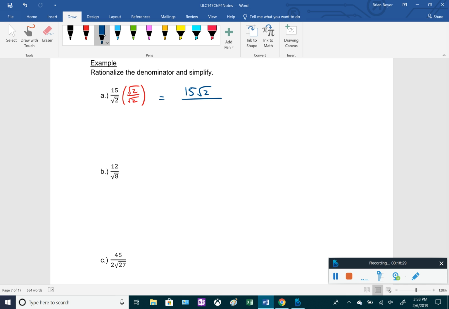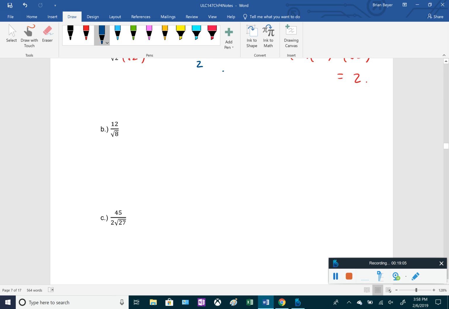The denominator is going to end up being radical 2 times radical 2, which is radical 2 squared, which is going to give us 2. So that whole denominator becomes 2. So anytime you are multiplying a radical by itself, radical 3 times radical 3, the answer is 3. In general, radical x times radical x will equal x. Okay, so we're left with 15 radical 2 over 2 for that one. 2 is rational, so that is good.